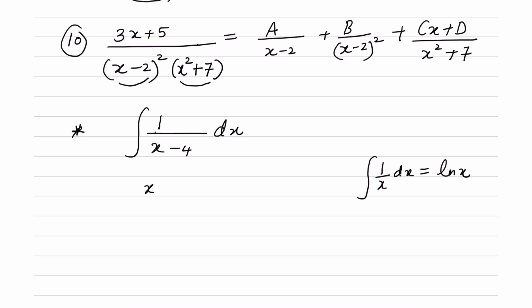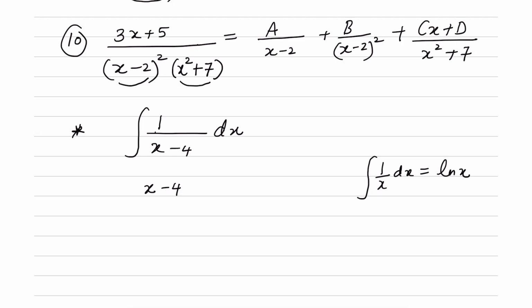But before we suppose it equal to a different variable, we have to know that the derivative of this term x - 4 is also written here. The derivative of x - 4 is 1, because the derivative of x is 1 minus the derivative of 4, which is 0.